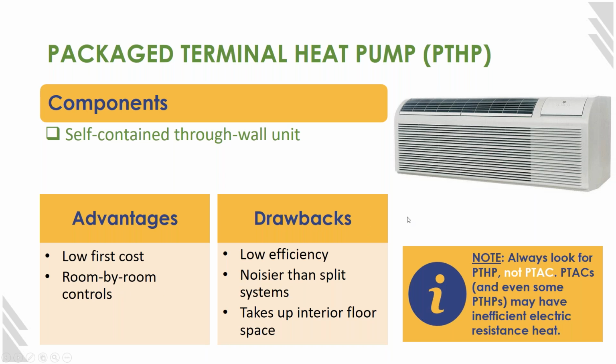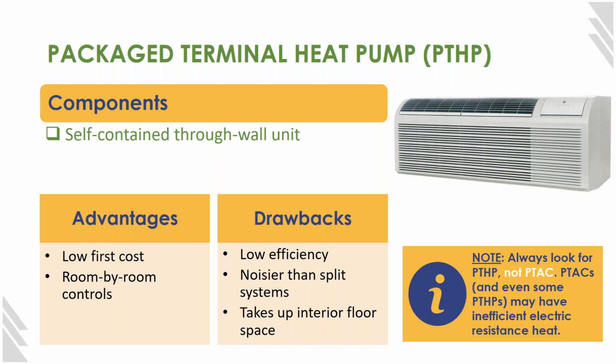Some of the drawbacks to a packaged terminal heat pump is that they tend to be pretty low efficiency. They're at the very bottom of the efficiency curve of heat pump systems. They are also noisier than split systems. In a split system, which we'll see in a minute, you remember when we saw the refrigerant cycle, part of it is a compressor. And a compressor has got to rotate, and it's going to make a certain amount of noise.